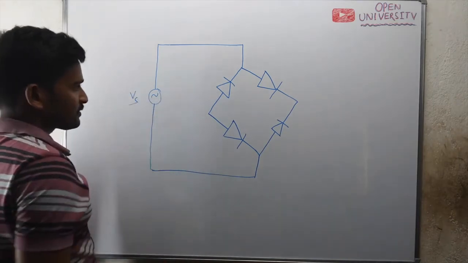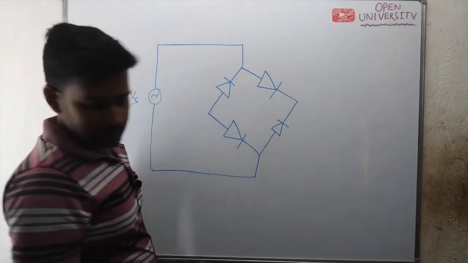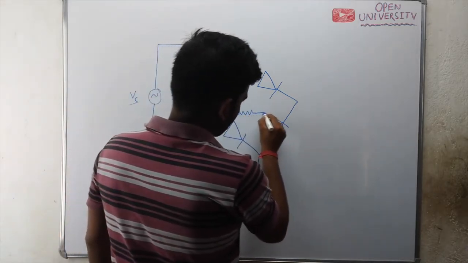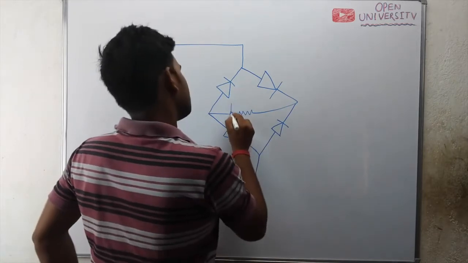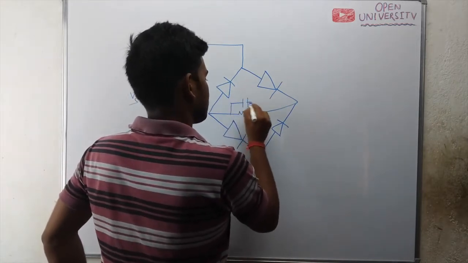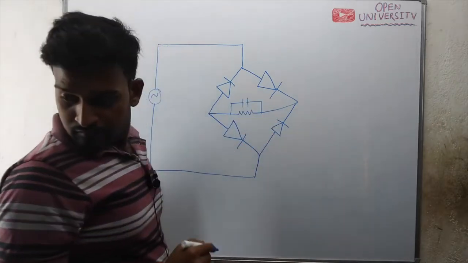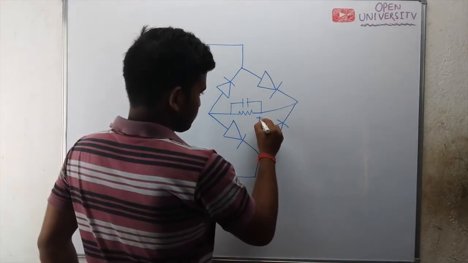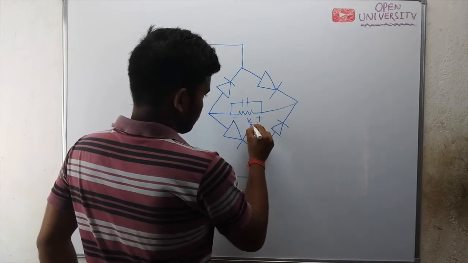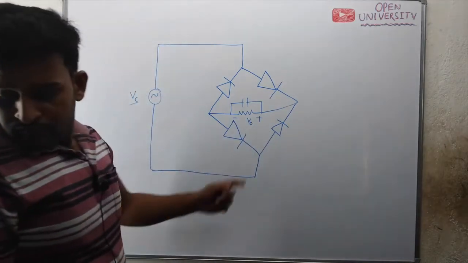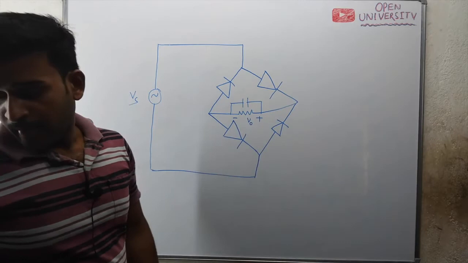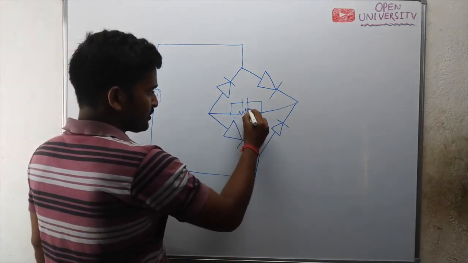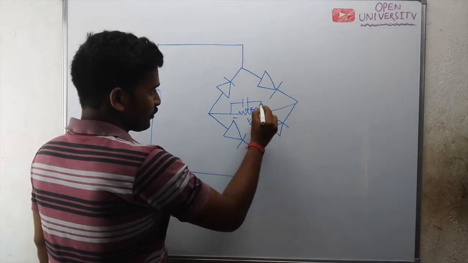This is your Vs, plus or minus V naught, and the load resistance RL value is 10 kilo ohm.